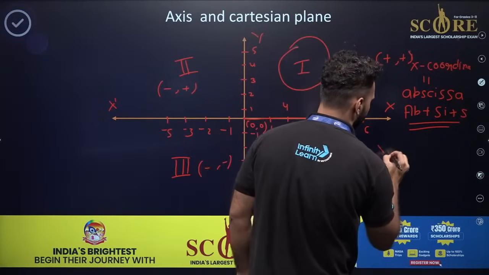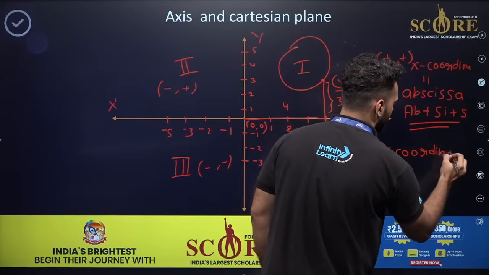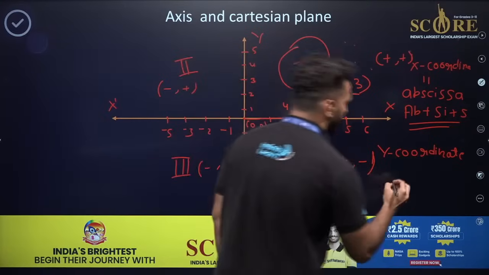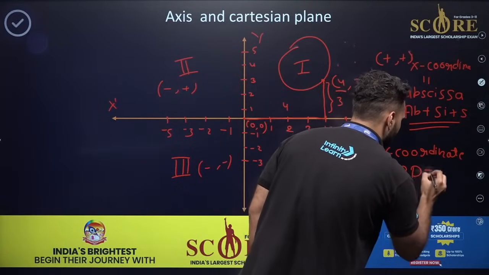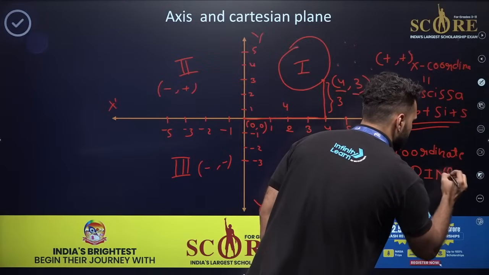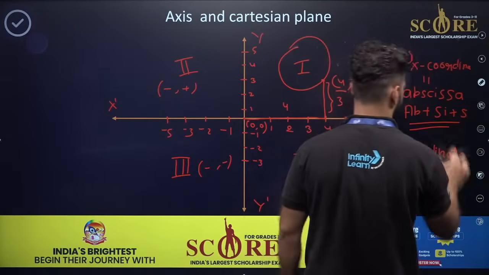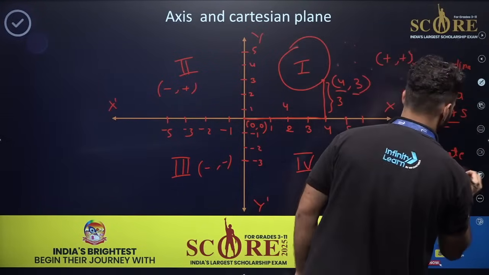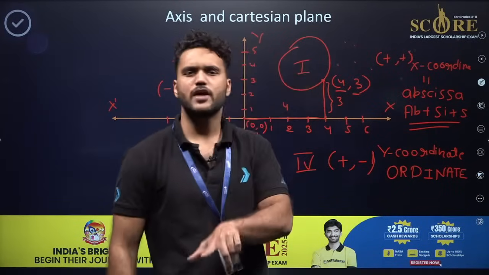What about the y coordinate? The y coordinate has a nickname known as ordinate. Ordinate. Okay, abscissa and ordinate, x-axis and y-axis.